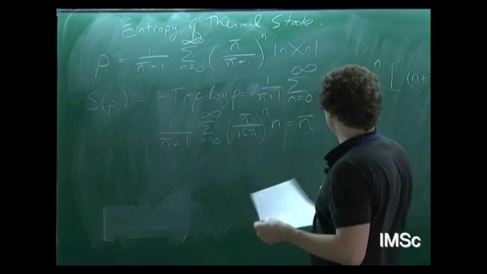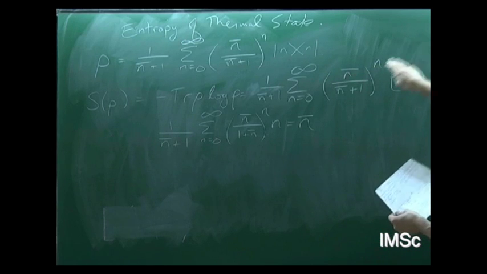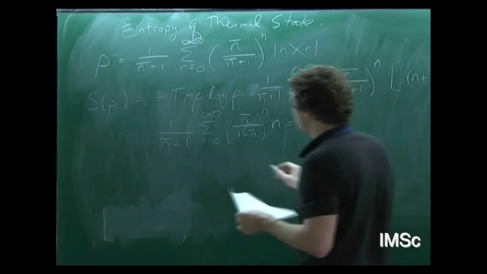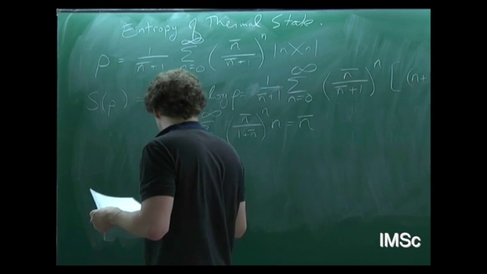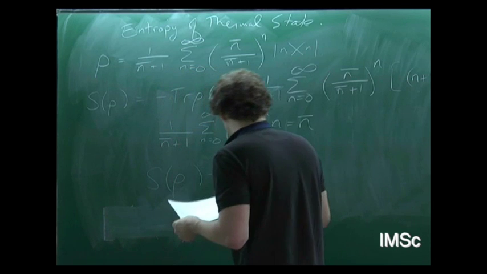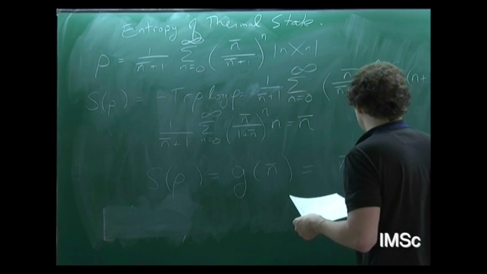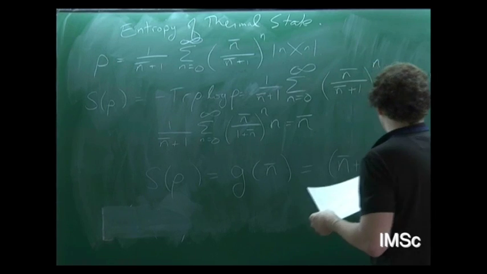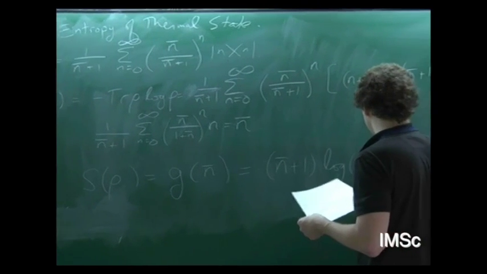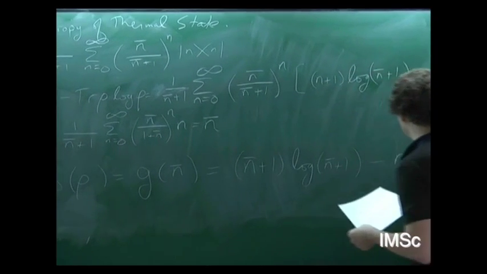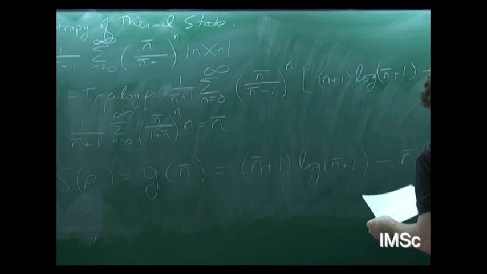We can use this expectation together with this expression for the entropy to show that the entropy of this thermal state is equal to something called g of n bar, where this g function is just n bar plus 1 log n bar plus 1 minus n bar log n bar.